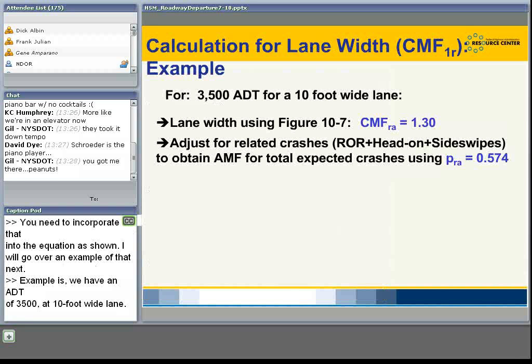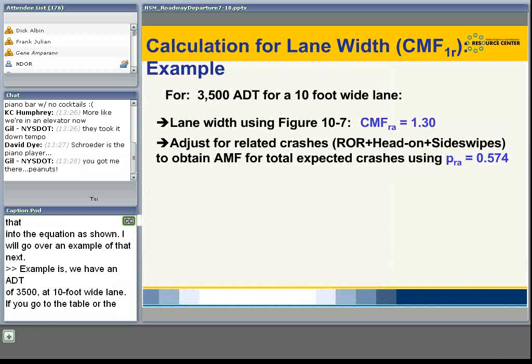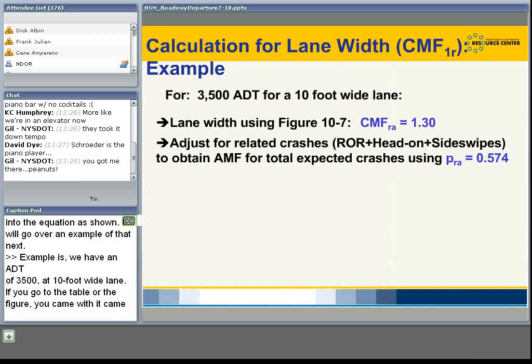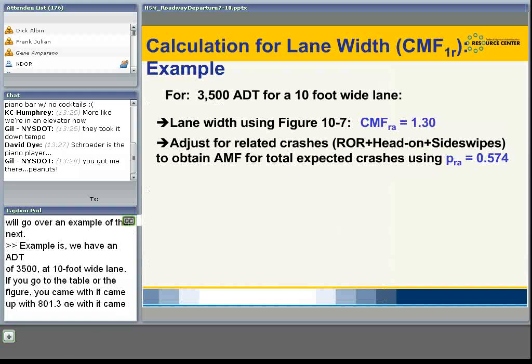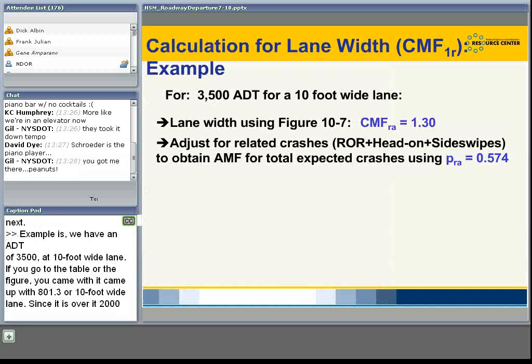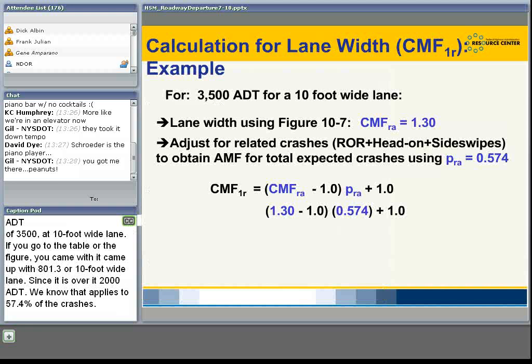So the example is we have an ADT of 3,500, a 10-foot wide lane. If you go to the table or the figure, you came up with a CMF of 1.3 for a 10-foot wide lane, since it's over 2,000 ADT. But we know that that only applies to 57.4% of the crashes.